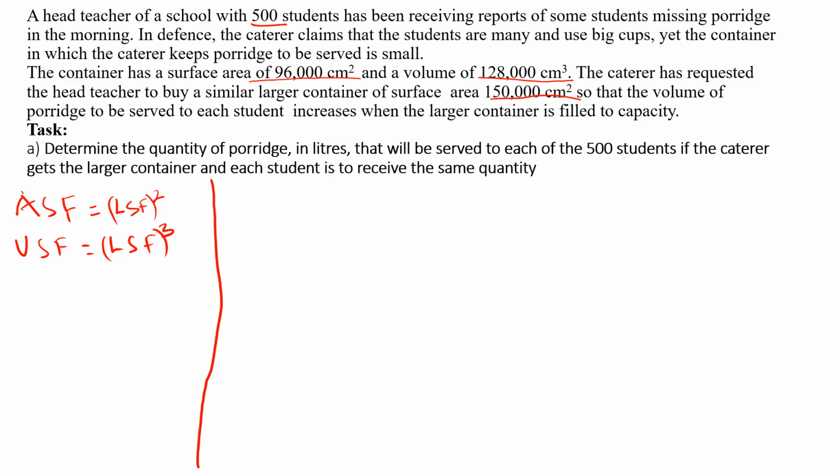Similarly, area of a big container divided by area of a small container is equal to linear scale factor squared. For this case, I have two areas, so it is easier for me to find the area scale factor.